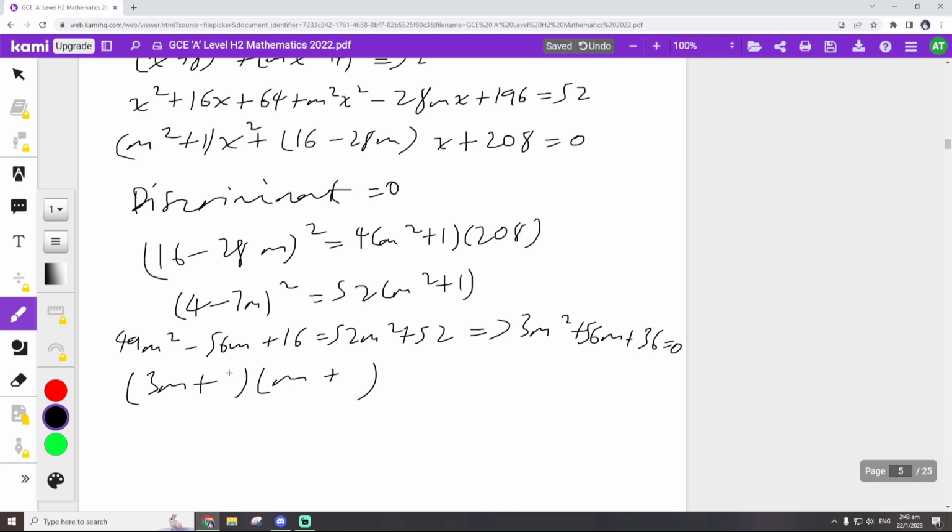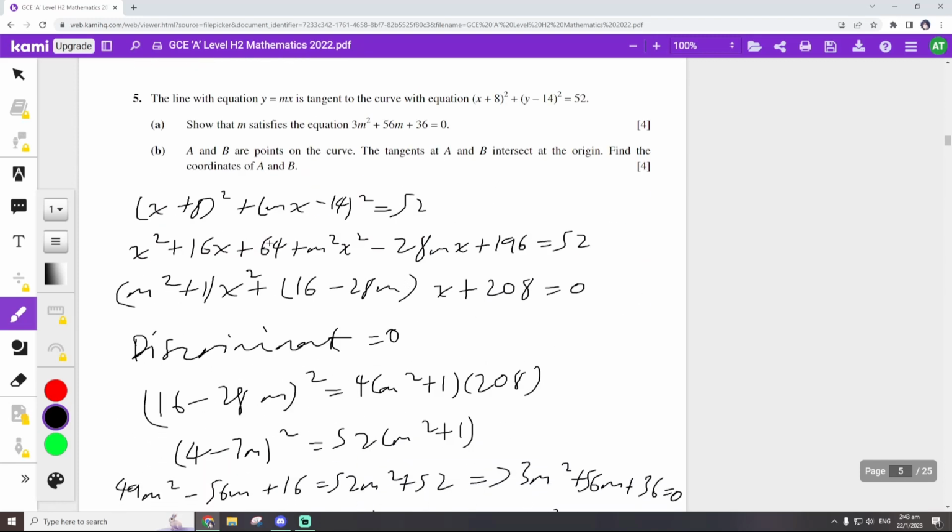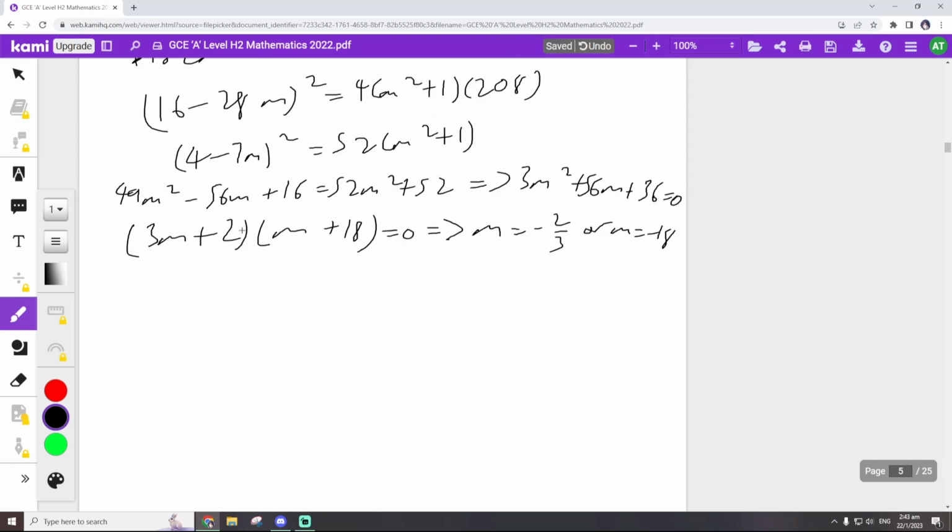Looks like it is (3m + 2)(m + 18) equals 0, which would imply that m is negative 2/3 or m is negative 18. Okay. So if I take m equals negative 2/3, okay.